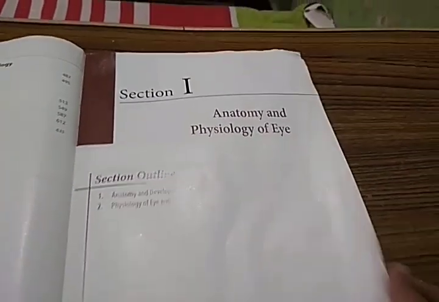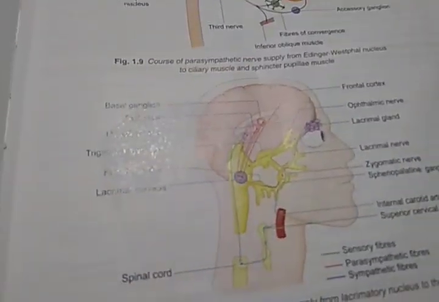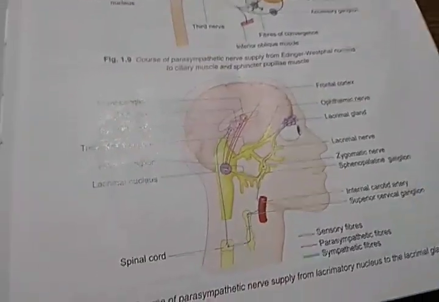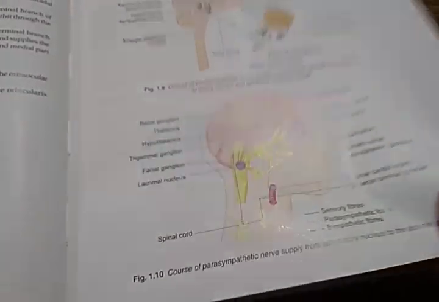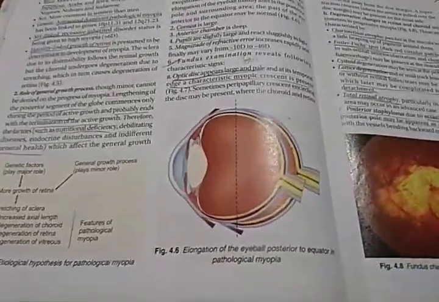Section 1 is on anatomy and physiology of the eye. So here they will be explaining all the anatomy of the eye. What is this? Maintenance of clear ocular media. Okay, what is this?